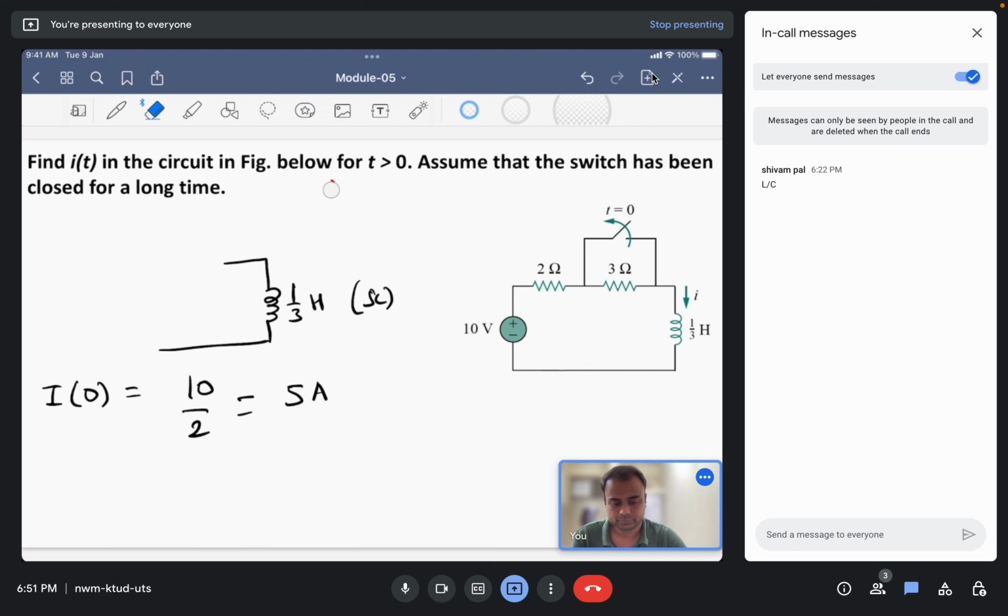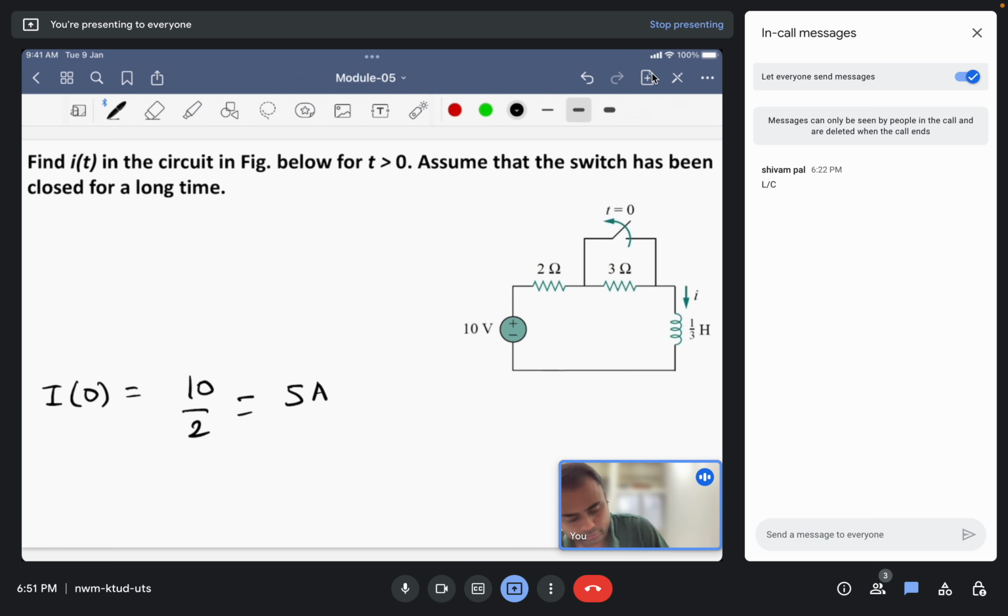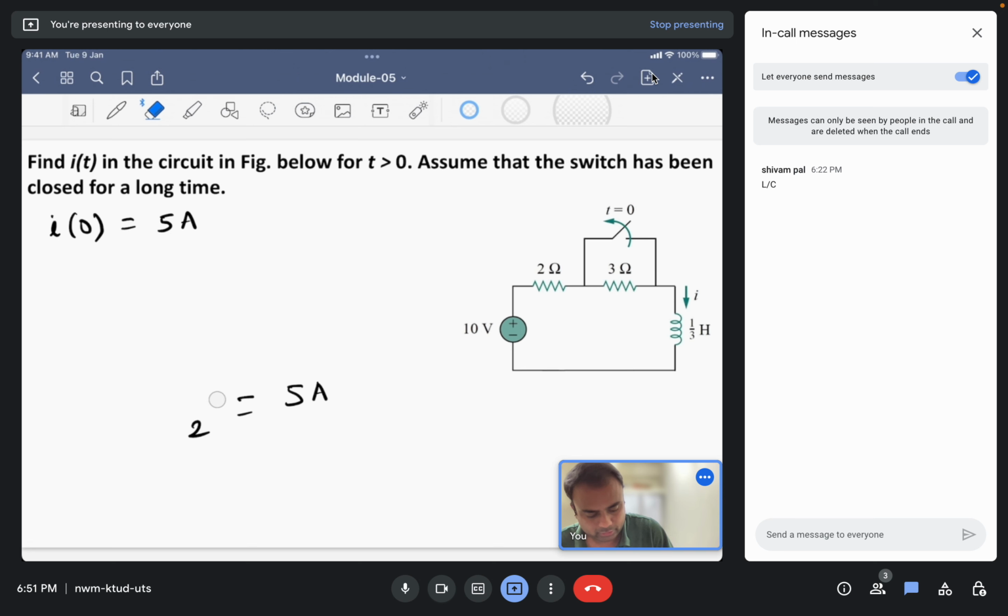Let us write here that I at time equals 0 is equal to 5 amperes. Now we'll move to the second part, when the switch has been opened.